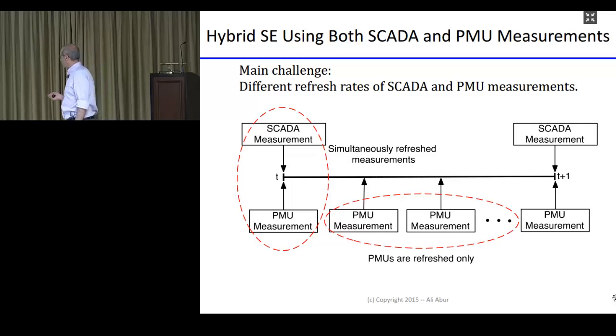The problem, of course, is during these PMU refresh cycles, because of the small number of PMUs, you don't have full observability of the system. So these PMUs cannot provide you full observability, but at the same time you don't want to pass on the opportunity to do something with them because they are available. So how can we get these into the equation? How can we take advantage of them so that we have better visibility than just having SCADA measurements?